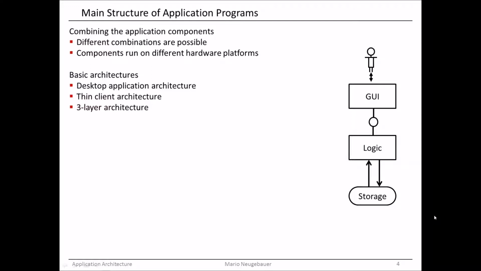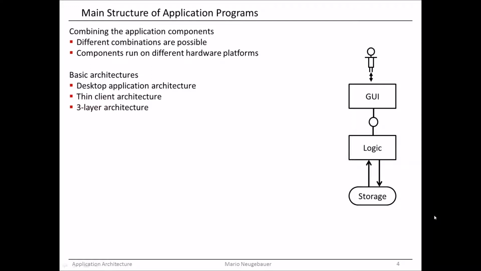For example, a central server of a web application is one platform with a Linux operating system, for example, and on a different hardware, on a different operating system, an Android or a Windows Phone or whatever, the other component runs. So one part of the application is the user part, the kind of GUI part, and the other part is the centralized server part with other logic.